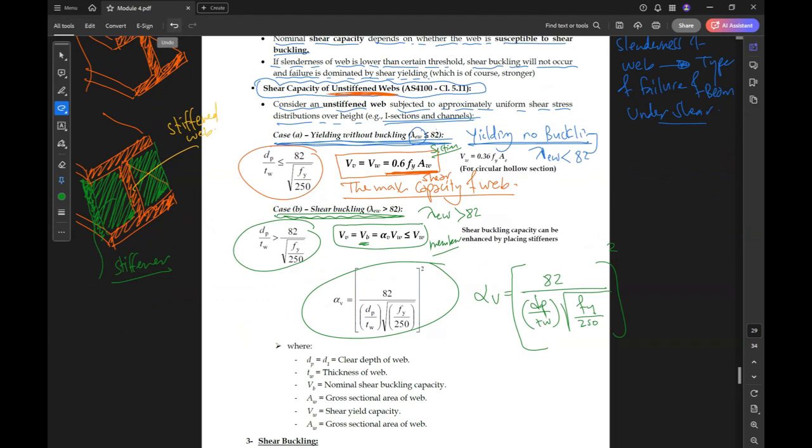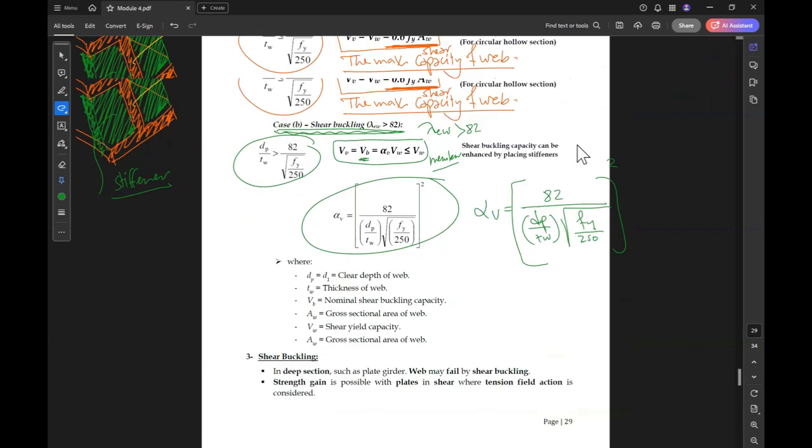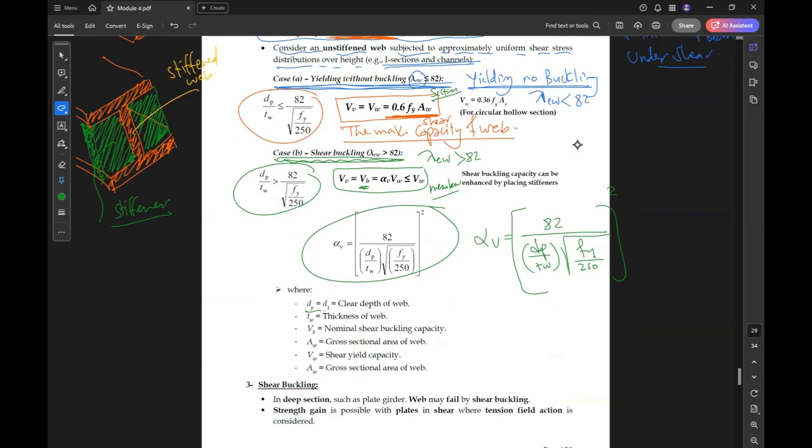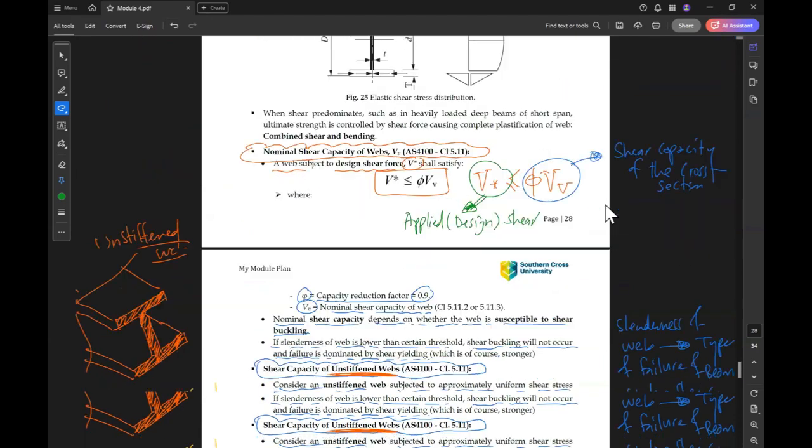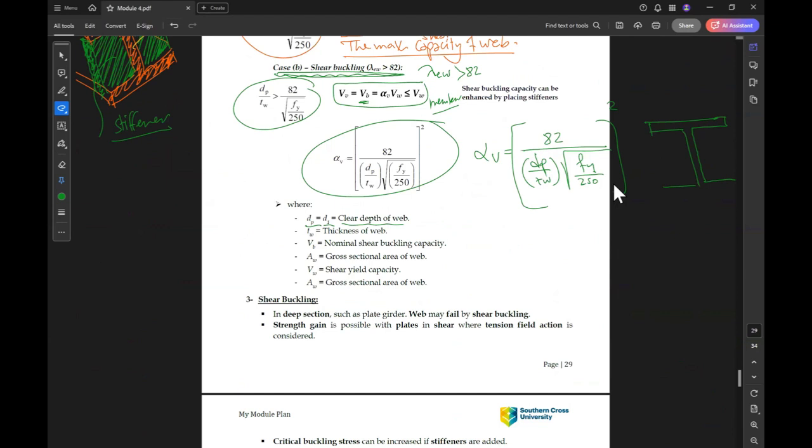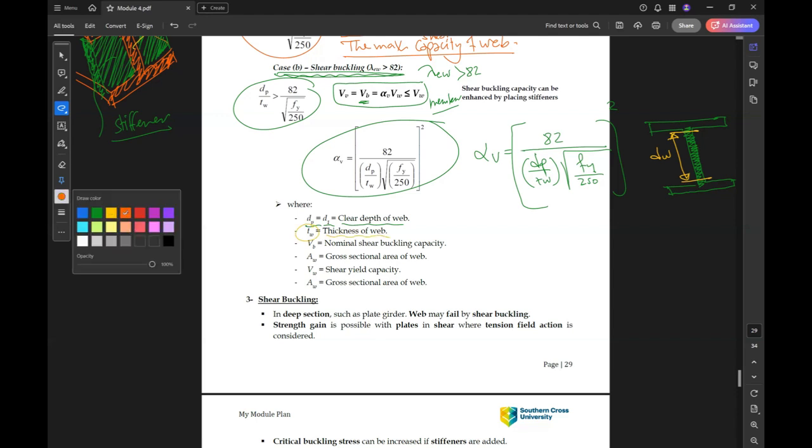And given to us here are the values. d_p equal to d1 equal to the clear depth of the web. For example, if this is our section, this is our d_w, the clear height of the web. t_w is the thickness of the web, so this is t_w.